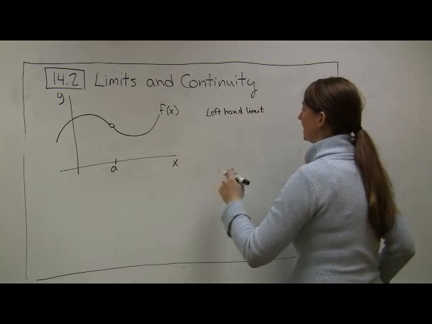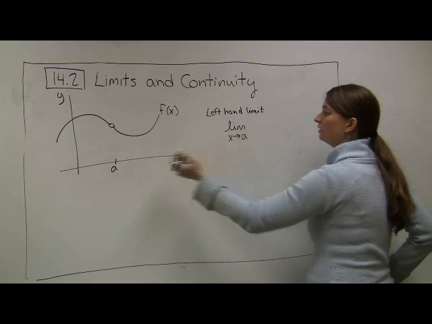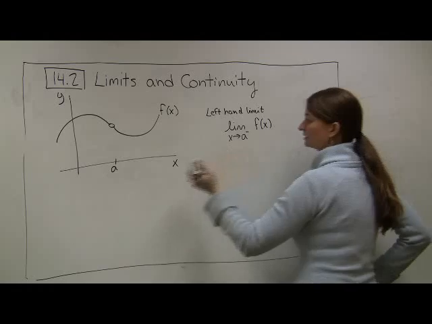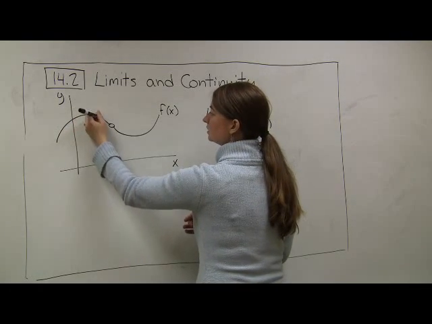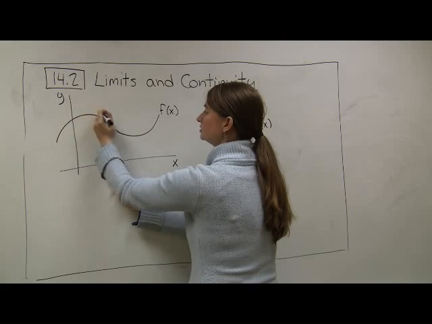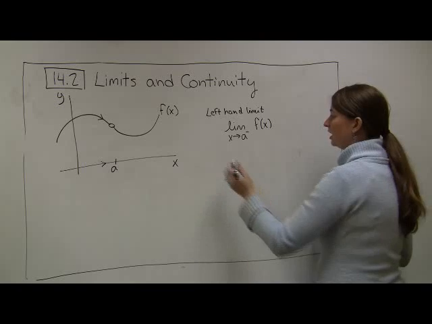as x approaches a is written the limit as x approaches a from the negative side of our function f of x. And in this case, that means that we're approaching a from this direction, and our functional values are getting closer and closer to this circular piece right here.